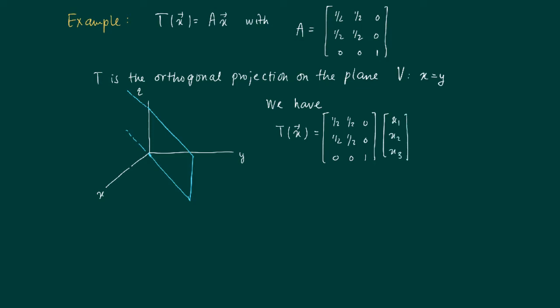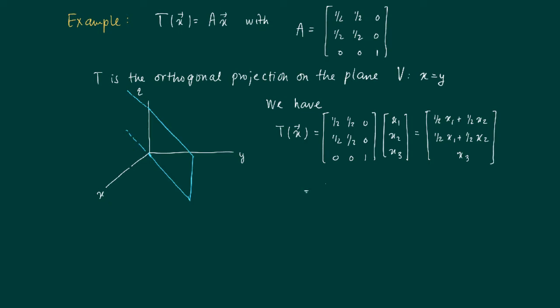And we're going to calculate this matrix vector product. As the first coordinate, we get a half times x1 plus a half times x2 plus 0 x3. And the second coordinate is the same, of course, because the second row of the matrix is the same, and the last row, 0, 0, 1 times x, equals x3.